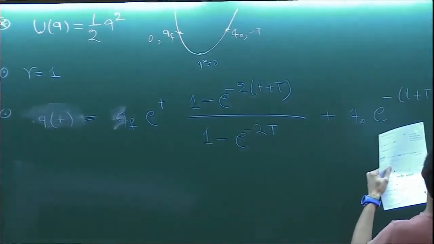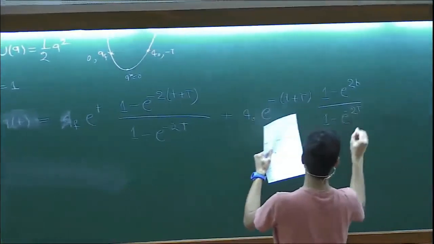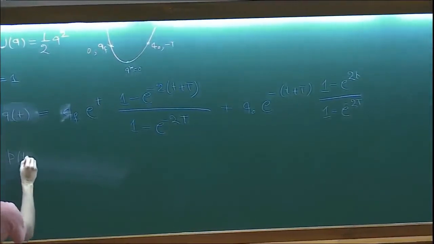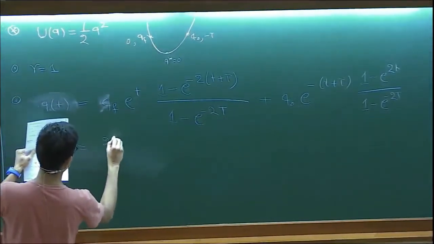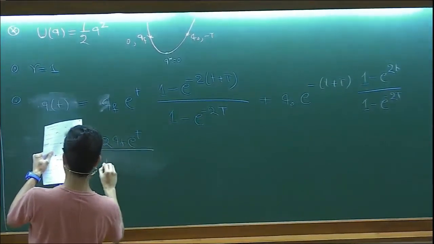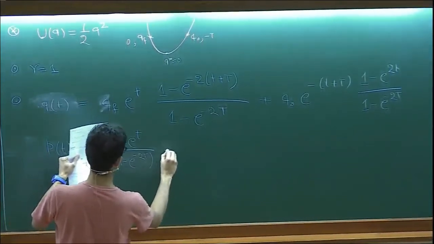This, of course, you can solve quite easily. But just to be consistent, let me just write. The solution for PT is twice QF e to the power small t sigma 1 minus twice t minus twice.